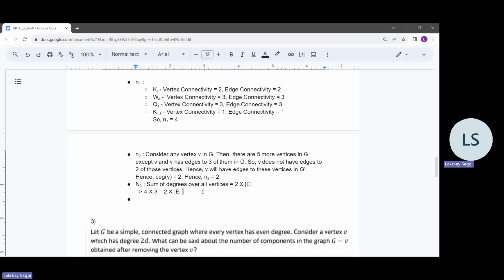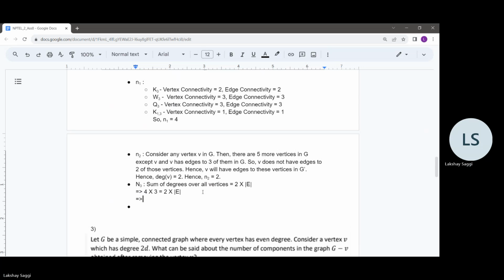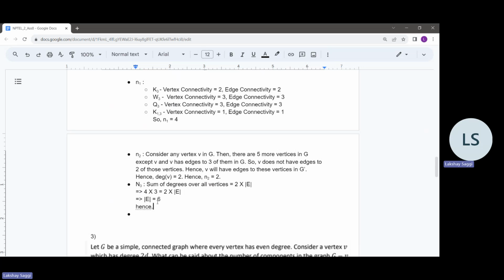This gives us that the number of edges is equal to 6. Hence N3 is equal to 6.